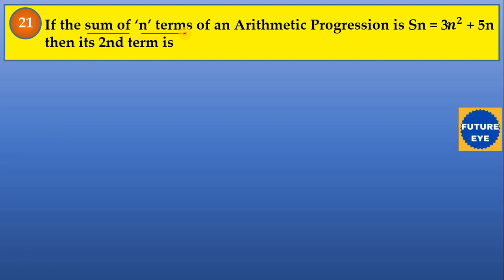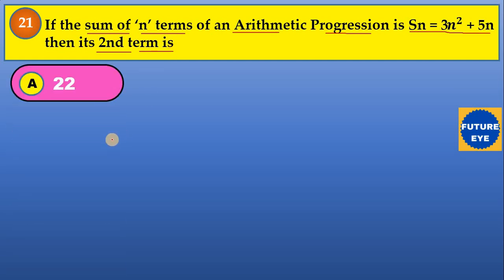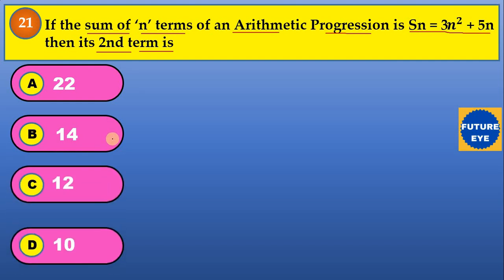If the sum of n terms of an arithmetic progression is Sn equals 3n square plus 5n, then its second term is. Given options are 22, 14, 12, 10.